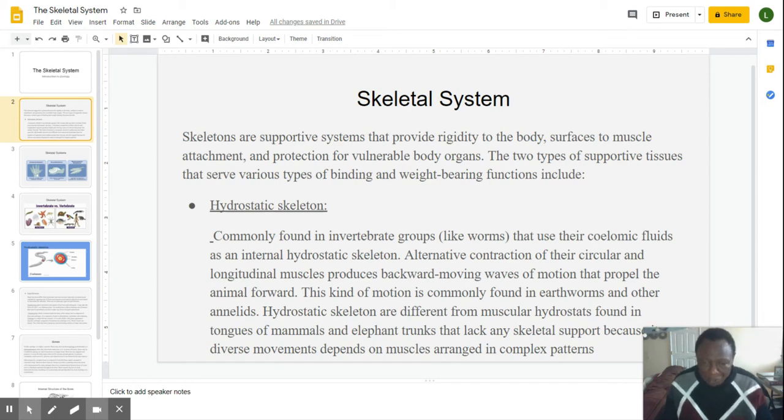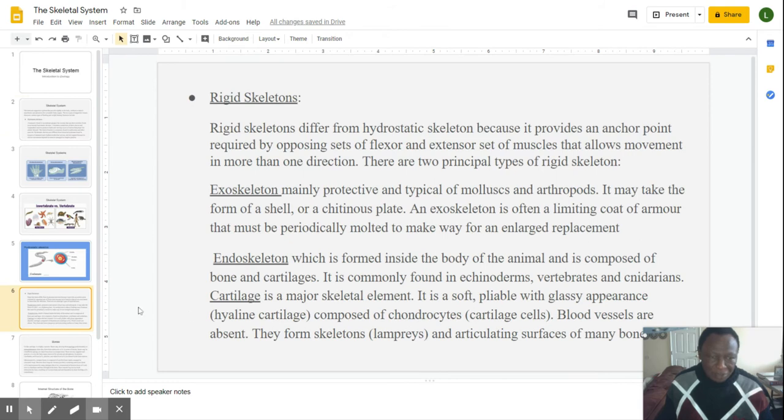They lack any kind of skeletal support because the movement that they perform is based on a complex pattern. Okay, so hydrostatic skeleton can be viewed as one of those skeletal supports in which the animals are able to create movement.